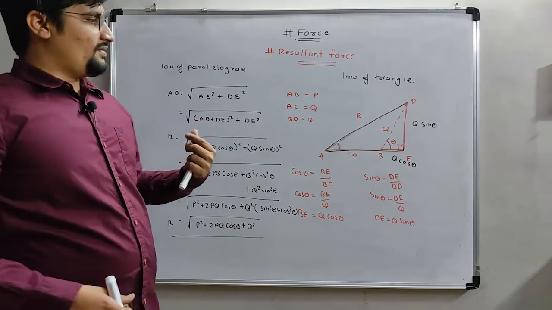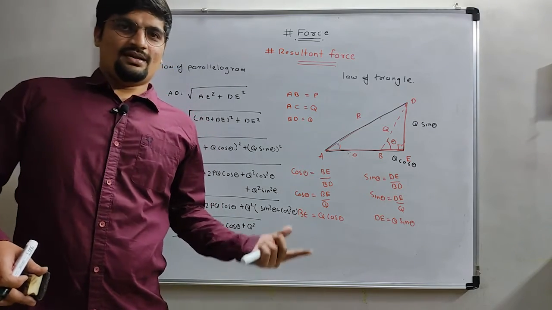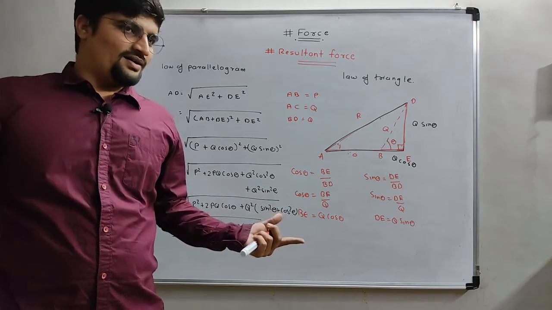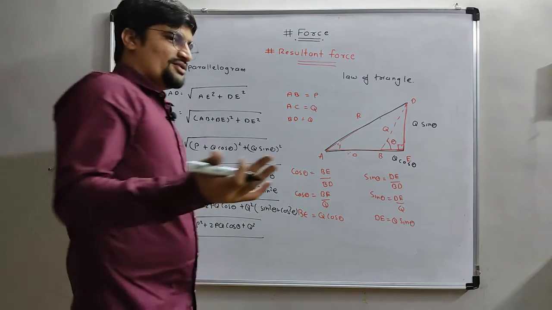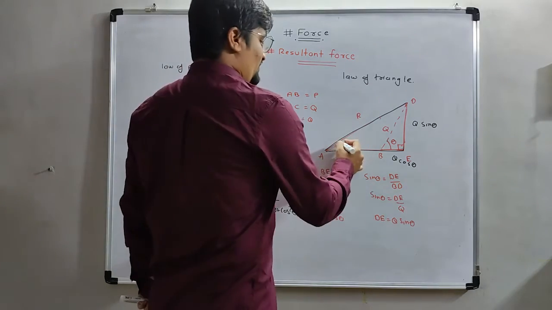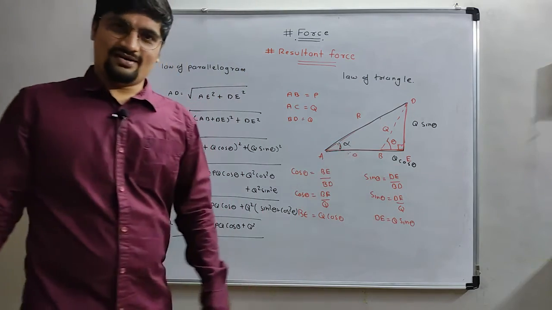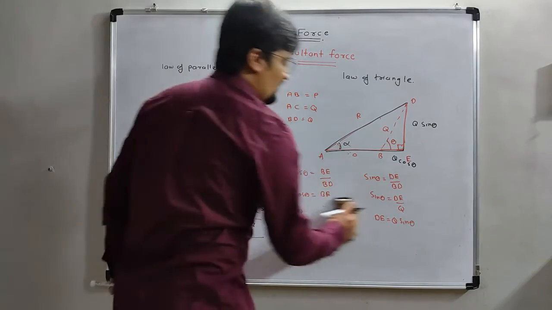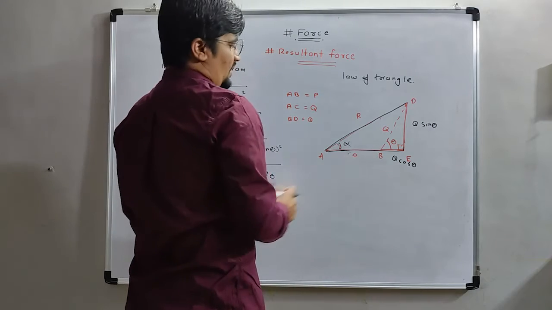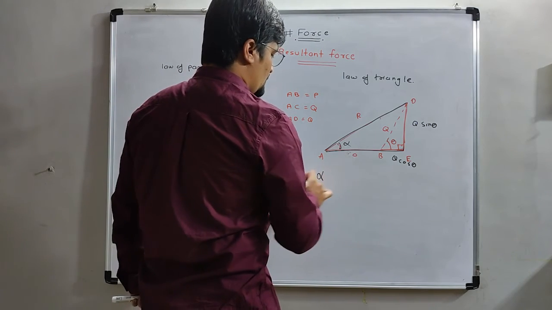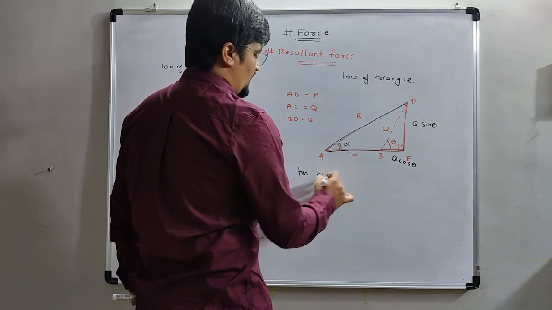Now find the value of alpha. How will we decide the value of alpha? So here is the alpha. If this is the alpha, I will use the equation of tan alpha.